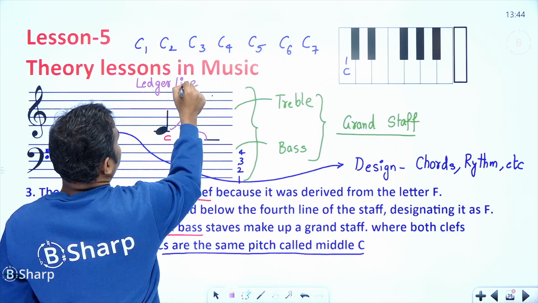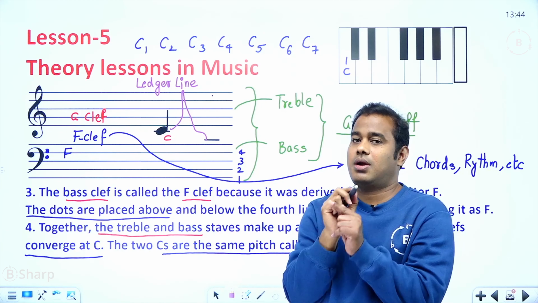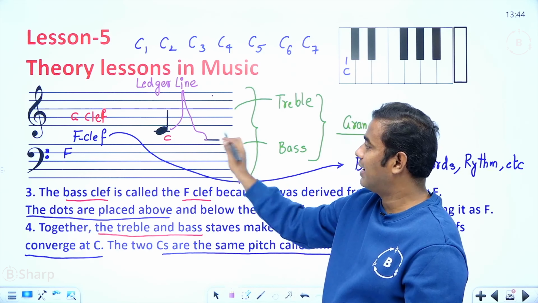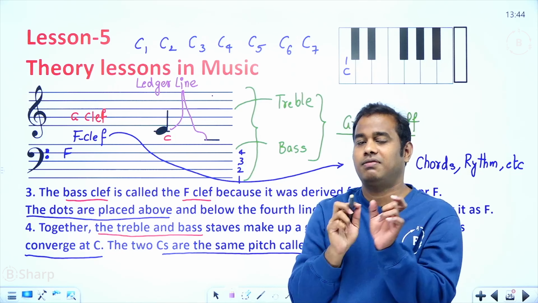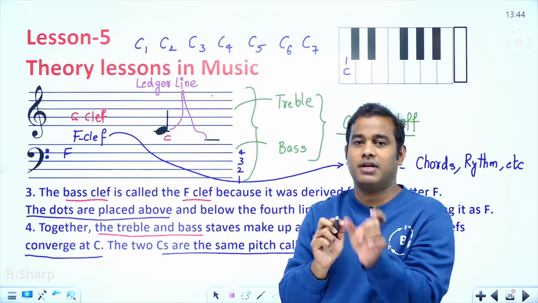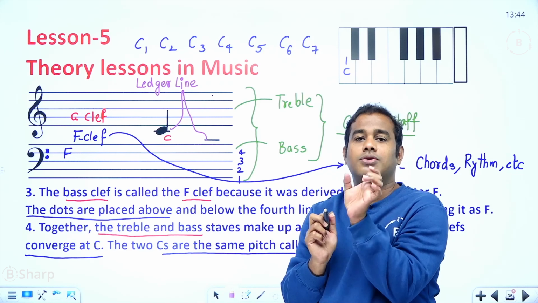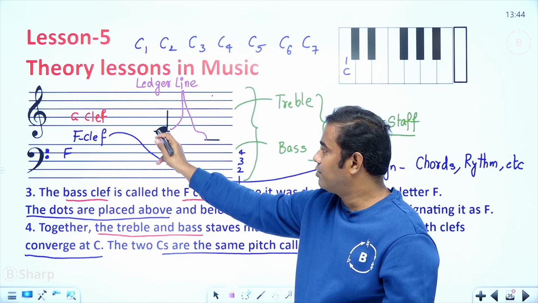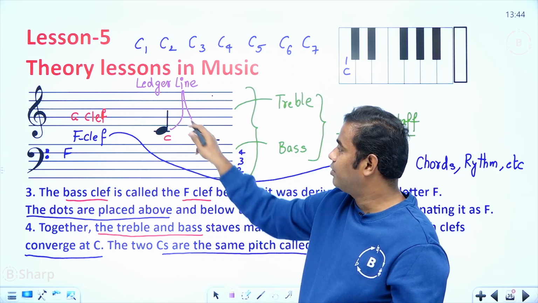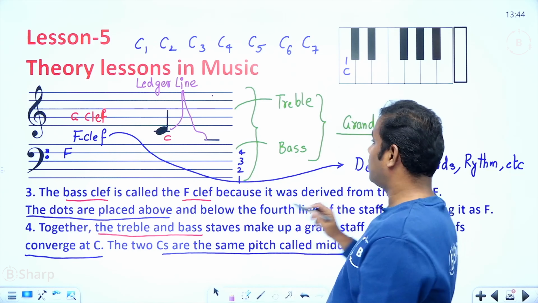What do we mean by this ledger line? The lines are not actually there, but for convenience we draw a line only for that particular note, or for that particular phrase, song or key. We take an extra effort by drawing a line here, place the respective note there, and keep it here.